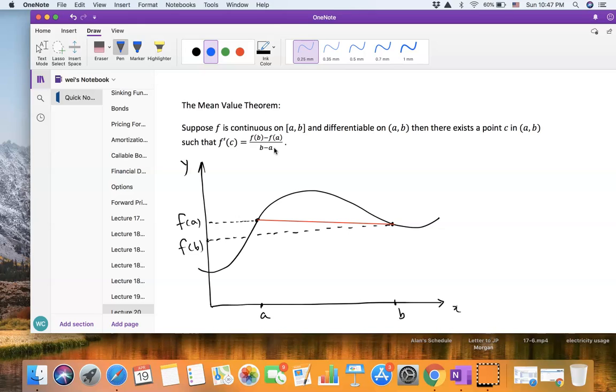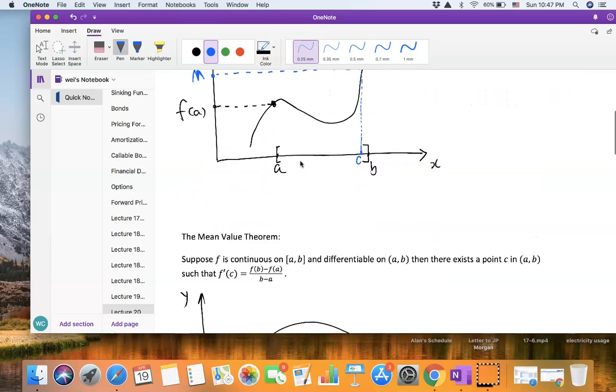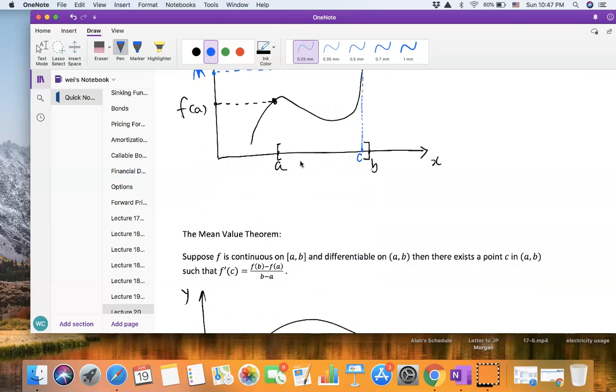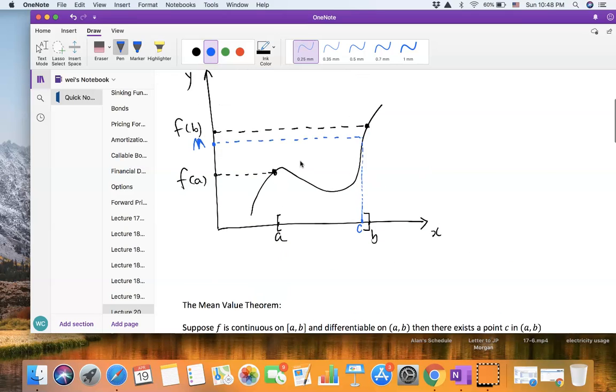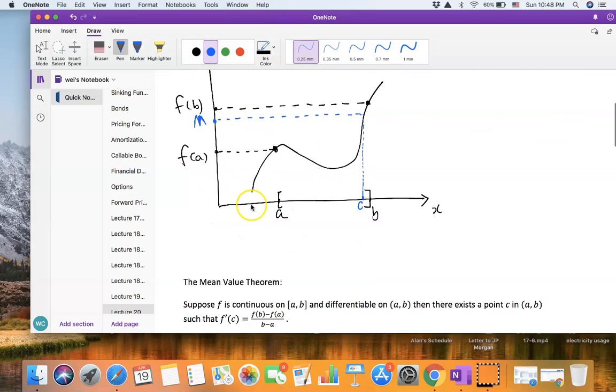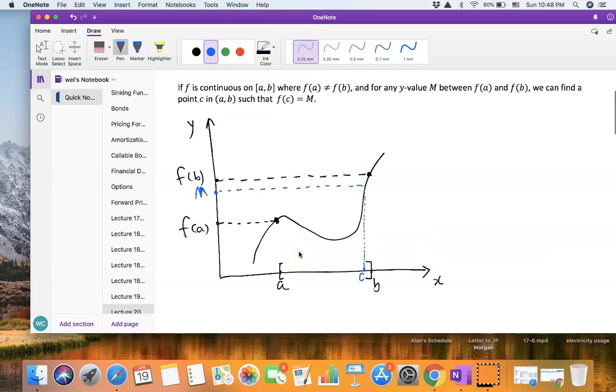Okay, before I explain how to understand this theorem by using a graph, let's compare these two theorems and see what they have in common. Both of them require the function to be continuous on a closed interval, right?